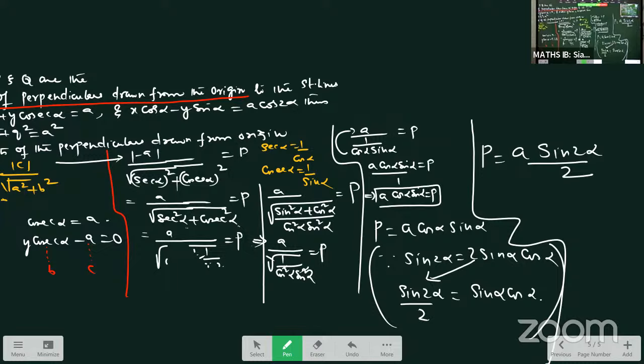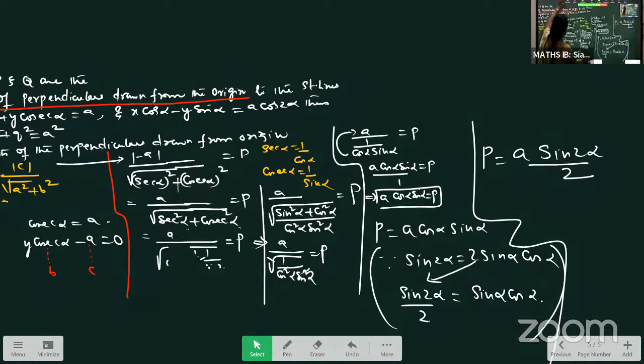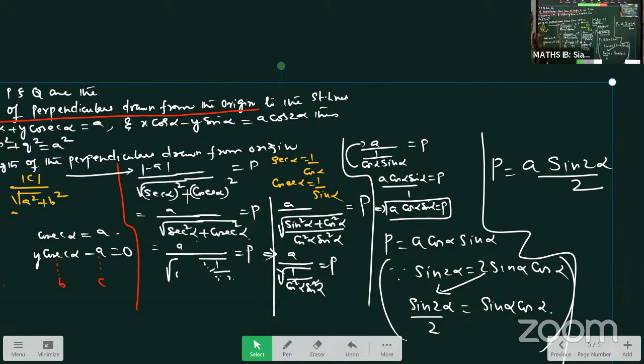How to find out the Q? Just once you go through this one, after that I'll continue the remaining part. Up to P only we have done.